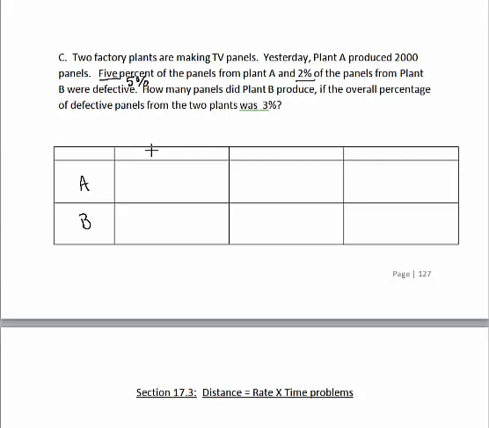Well, hold on. We have, let's see, the number. Come up with an appropriate label for this column. We have the percent. And then we could say, let's see, defective panels. Okay, so we'll call this defective panels.